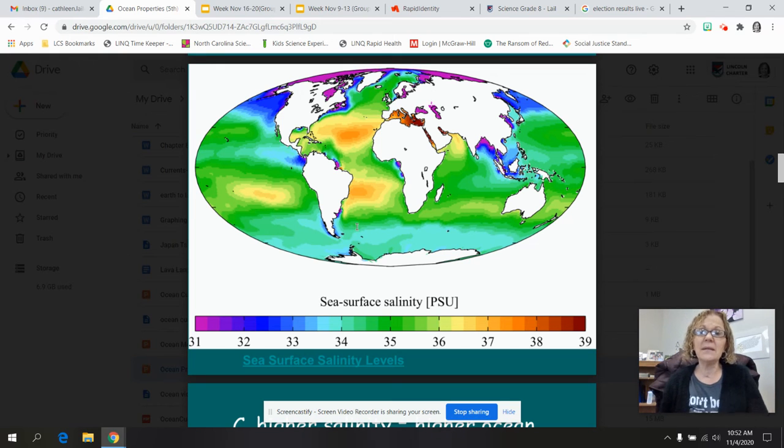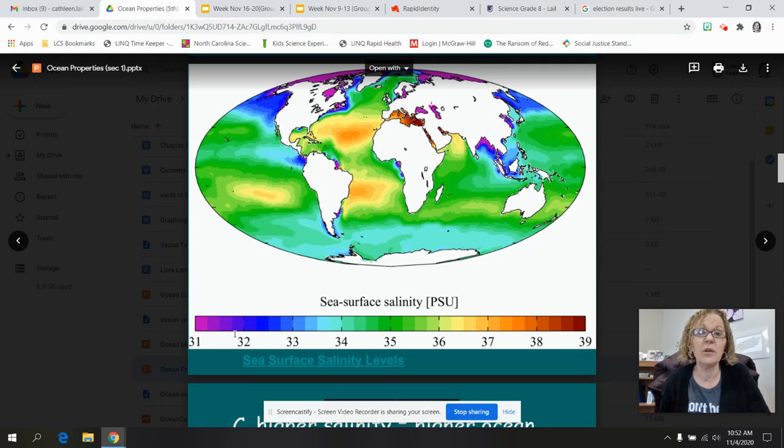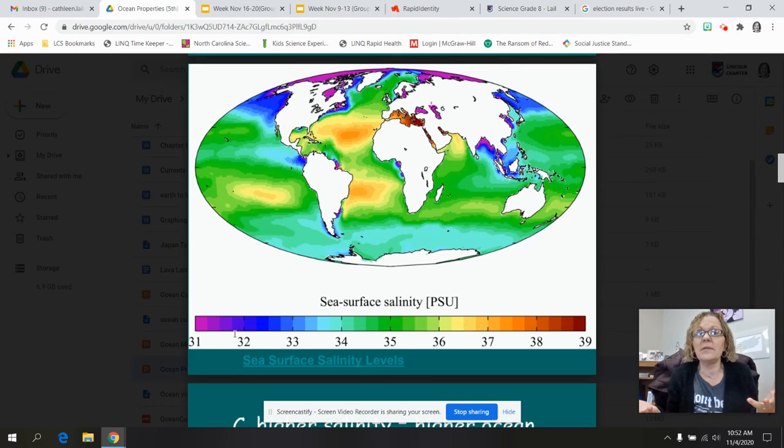But because of global warming and because of the icebergs that are beginning to melt at a faster rate than average, it is lowering the salinity level in the seawater. It's because when the ice melts, that's fresh water. So it's melting into that seawater, and it is lowering the average salinity level.